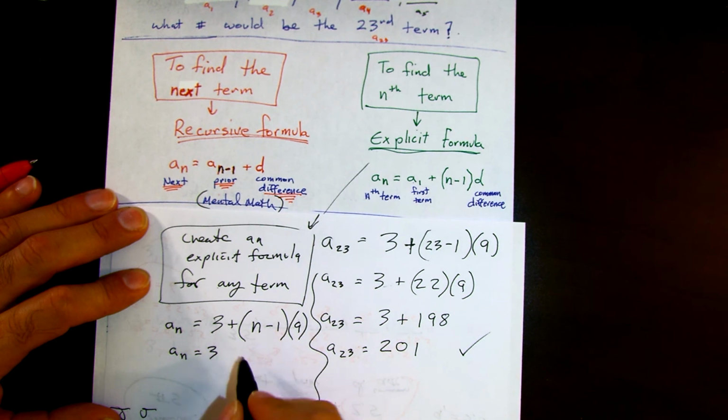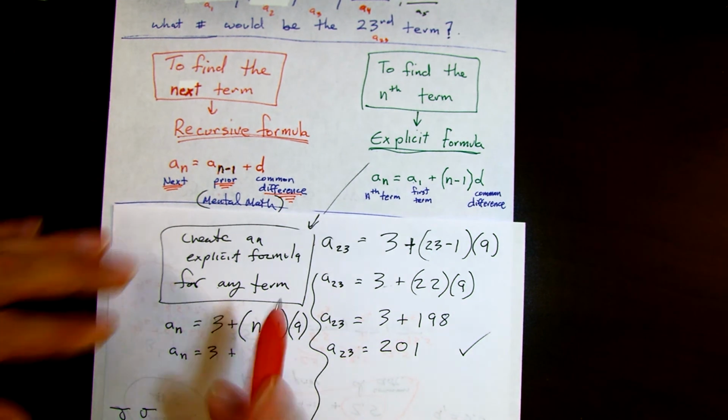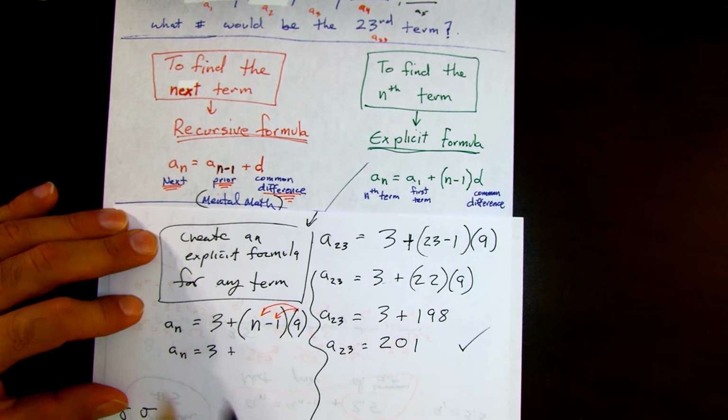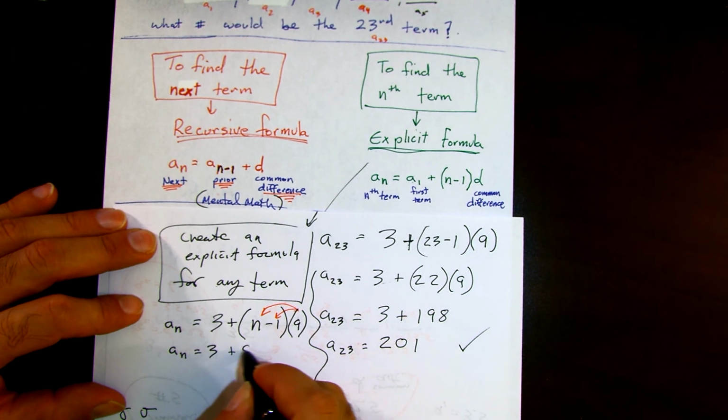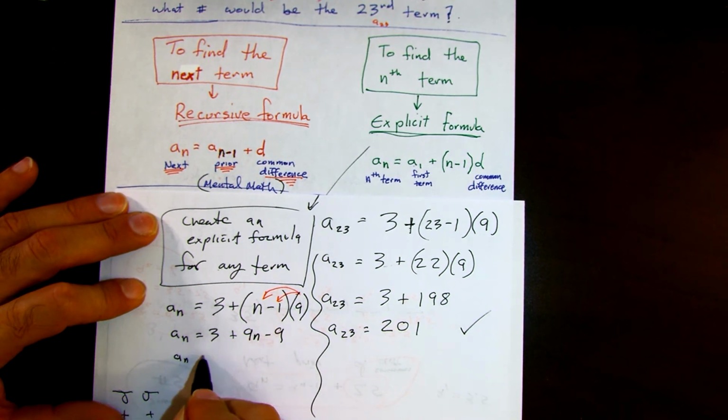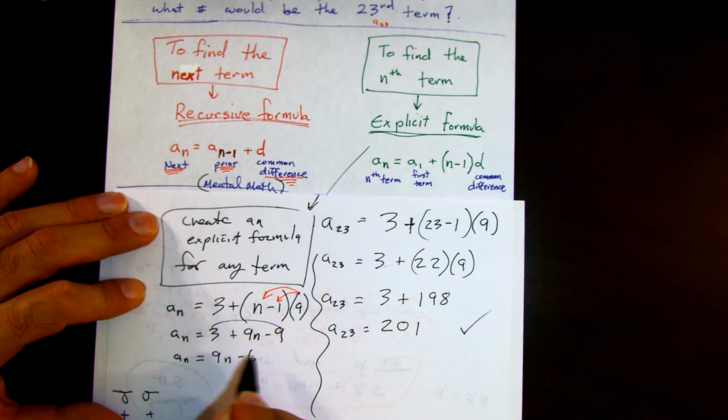A sub n is equal to 3 plus what we got to do with this 9. Distribute it. We'll see another example problem like this, so don't worry if you're not quite putting it together yet. 9n minus 9. And we're almost done here. We're going to combine these two guys. Minus 6. Okay.